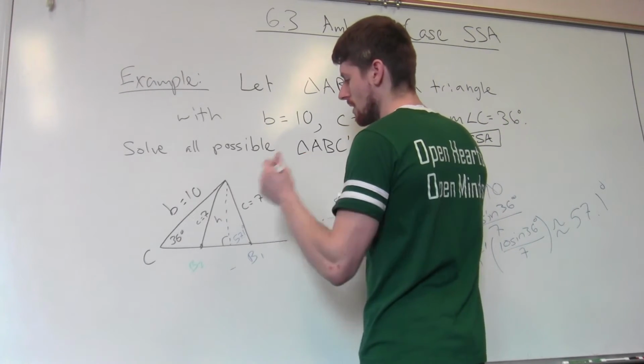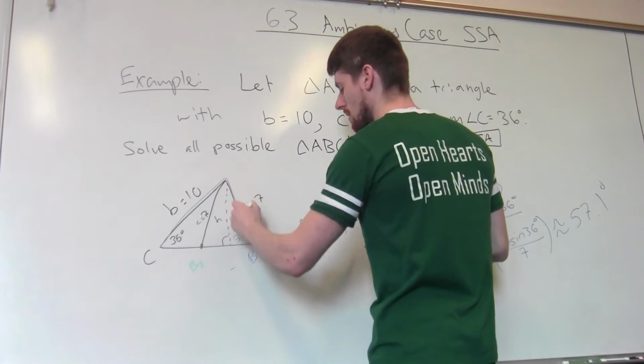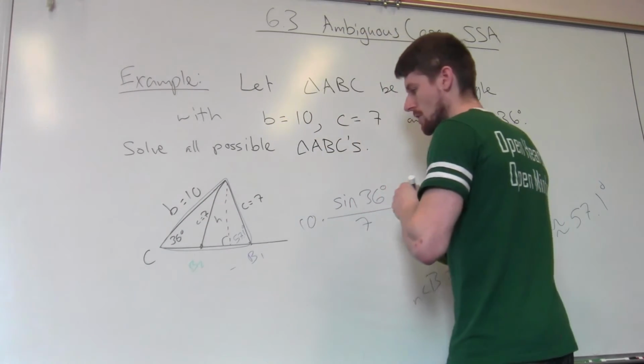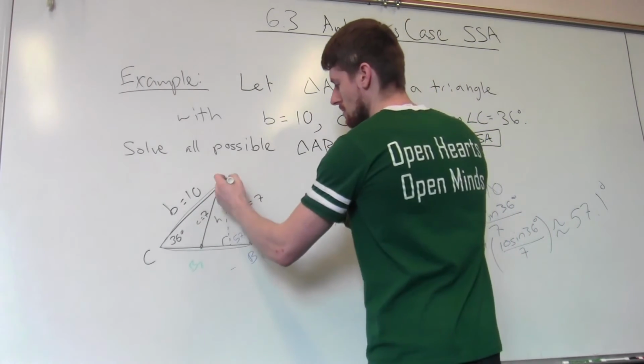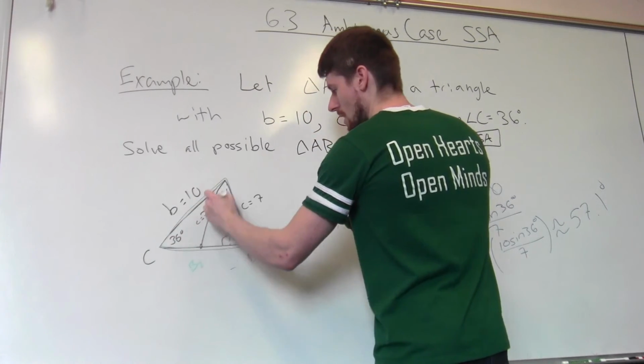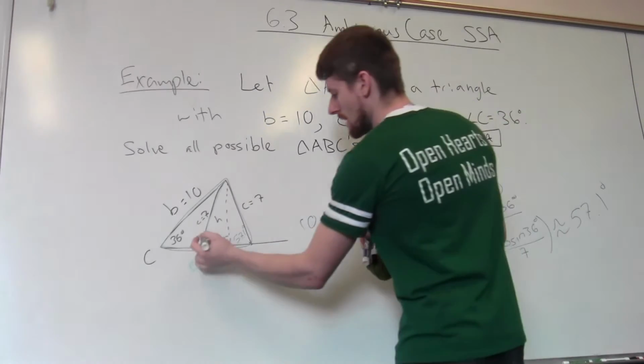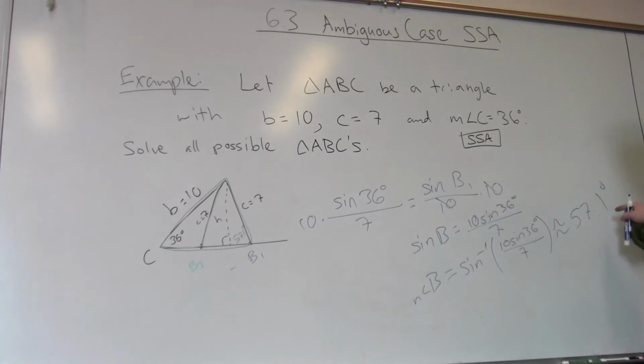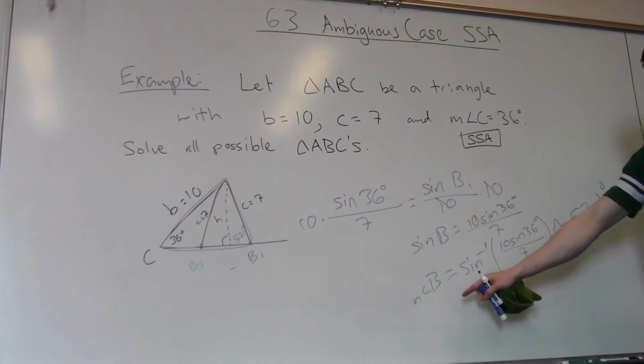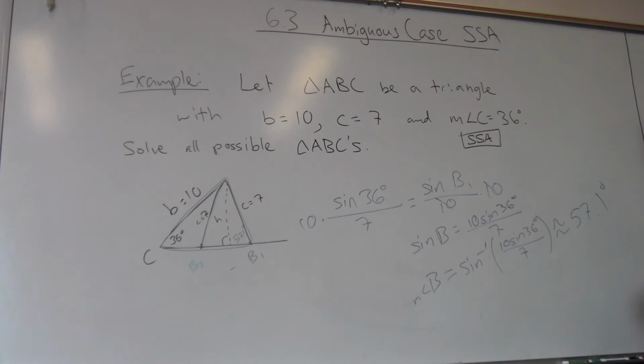I'll draw the blue triangle as one of the ones we're trying to solve, and then the green triangle, because there's multiple triangles in this picture, is the other possible triangle with 7, 10, and 36 degrees. To find the green angle here, we simply take the other answer for the angle B, which is 180 minus this one.